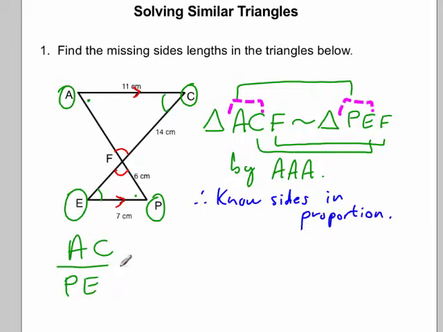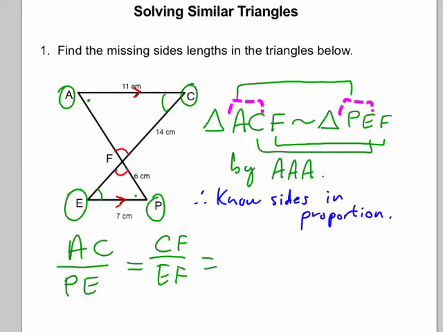That ratio of sides should equal the ratio of the other sides, and the other sides would be CF, that's this side here, which would match with EF, this side here. Okay, so let's write that up. CF divided by EF.